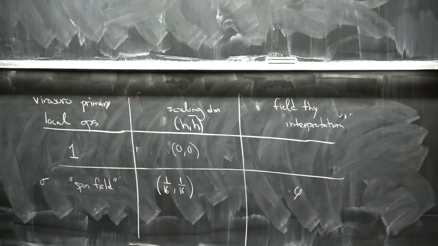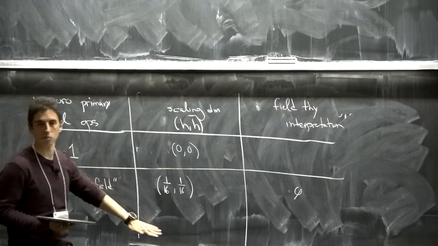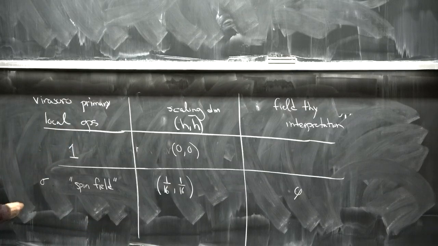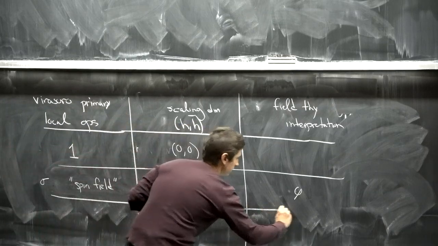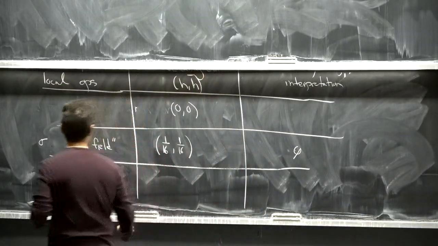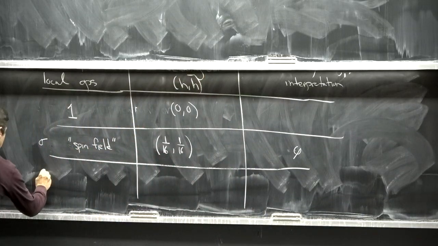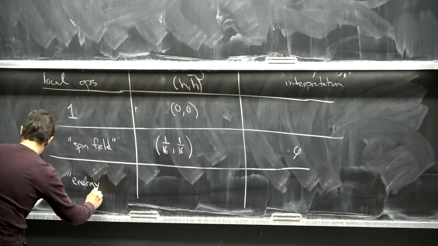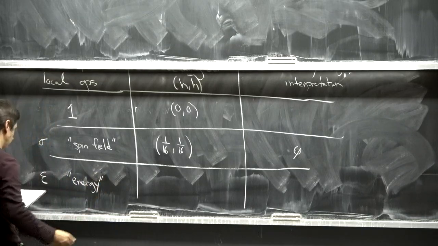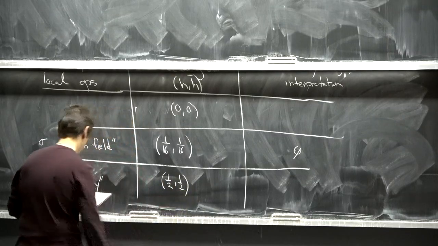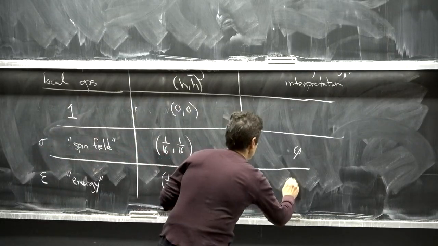So we start with a scalar field, and it flows to something at long distances. It flows to this operator. And the last one is epsilon, sometimes called the energy. Its dimension is 1/2 and 1/2. This is like phi squared.